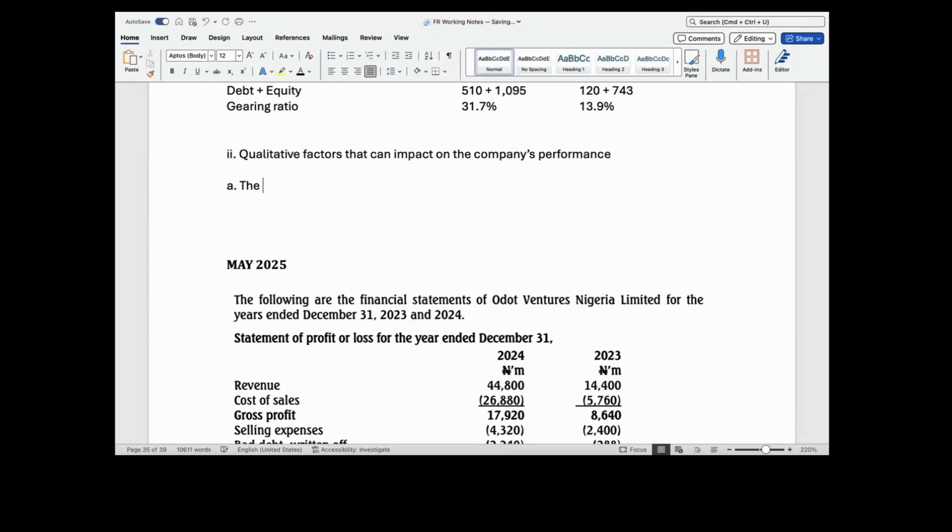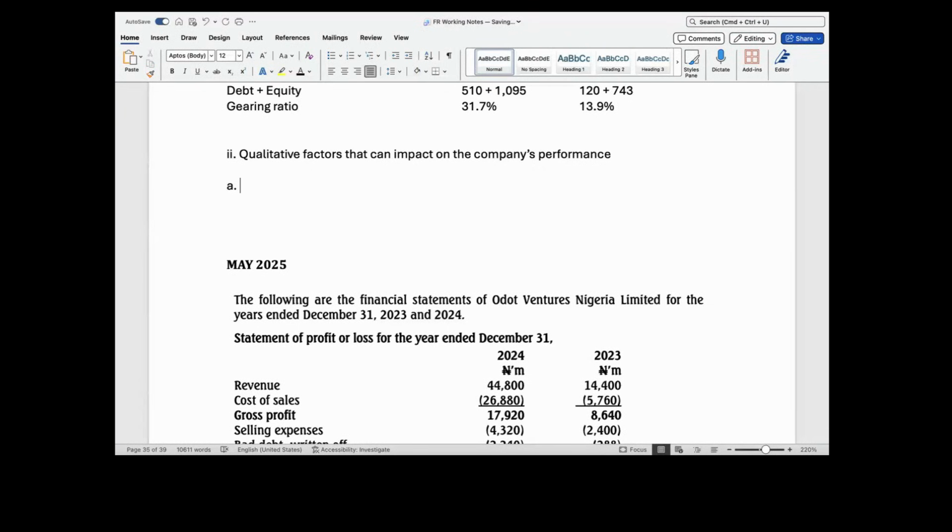If your investment is not performing. Okay, let me start with their own general issues then.